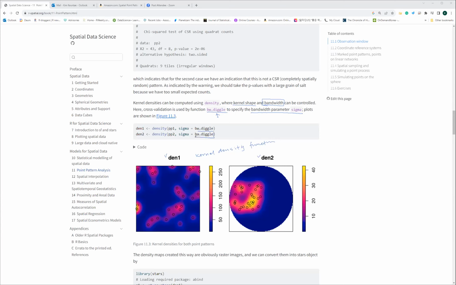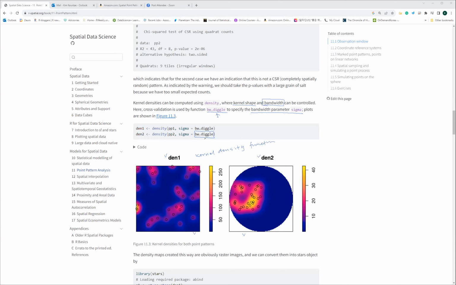Depending on the variation of the point locations or point pattern, bw.diggle optimizes the sigma value that represents the variation of the location of the points. So based on that optimized sigma value, we can present or visualize these kinds of patterns like this.